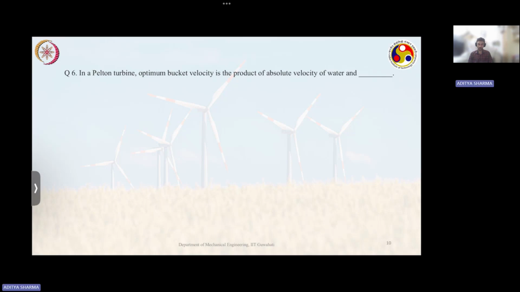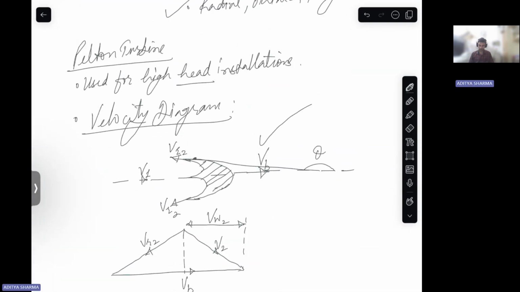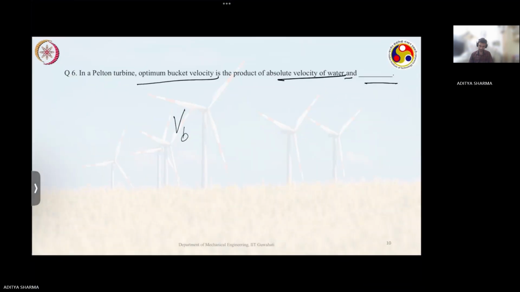Then is your question number six. It says that in a Pelton turbine, optimum bucket velocity VB is the product of absolute velocity of water V1 and dash.